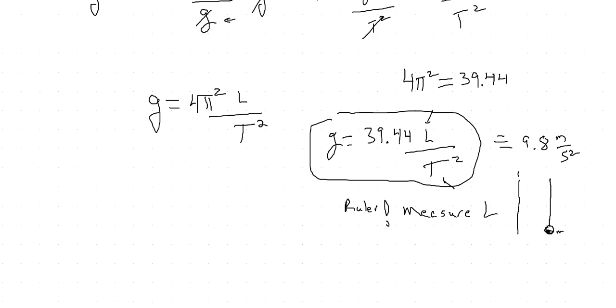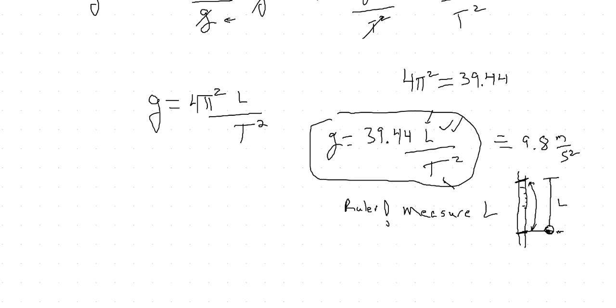Okay, we'd measure from here, and we have to eyeball this, right to the middle of the ball, right? And this would be L. Okay, so we know L. L is easy. Just use a ruler.